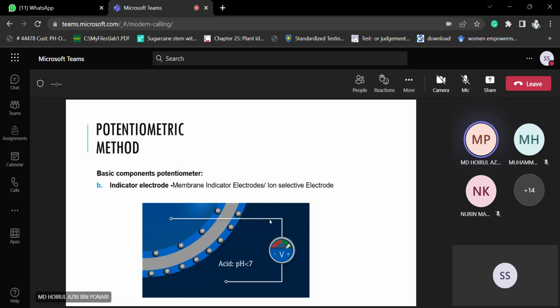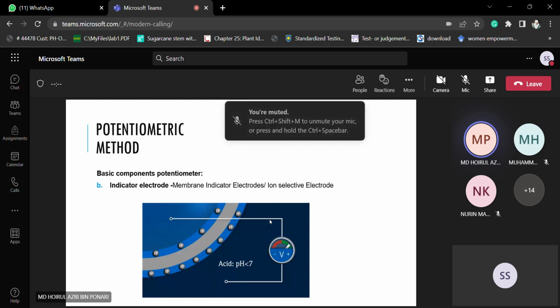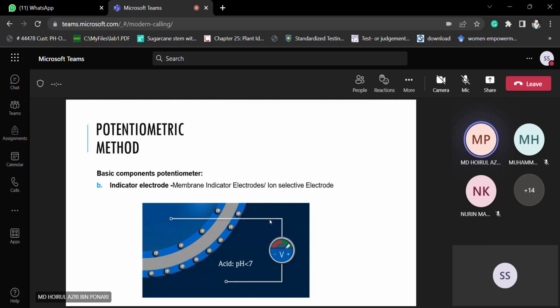So kita ada pH 7, bukan pH 7, for example kita ada acidic solutions. Apa dia acidic solutions? Acidic solutions contain high concentrations of hydrogen ion. Betul tak? Kalau kita ada satu solution yang pH sangat acidic ataupun pH dia rendah, the solution contains very high hydrogen ions.